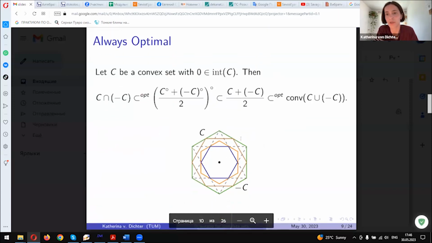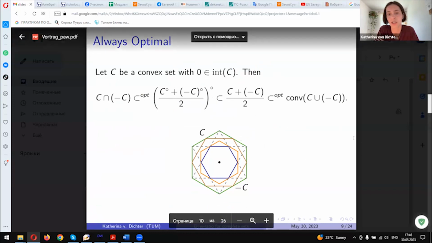We study now the optimality of these inclusions. First, we show that the minimum is always optimally contained in the harmonic mean. And also we have shown that the arithmetic mean is always optimally contained in the convex hull. This is the first inclusion on the left and the last inclusion on the right. Here is a picture that we studied in the motivation. The optimality you can see on the left side is the one between the blue set and the yellow set.